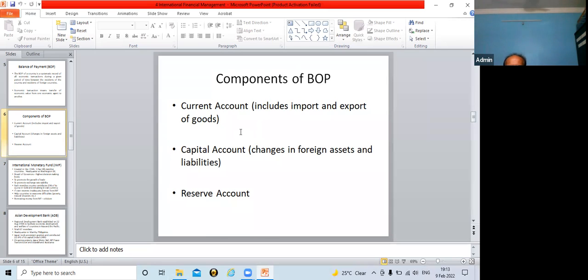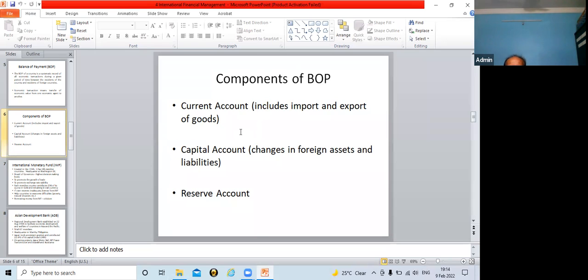If India is exporting spices or maybe tea powder to other countries, that is an example of export. Not every time are we exporting, but sometimes we are also importing, like oil. We import oil from other countries.